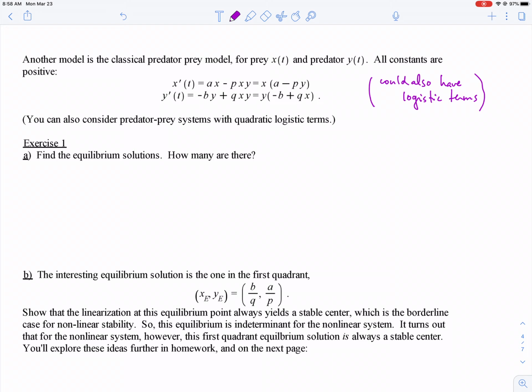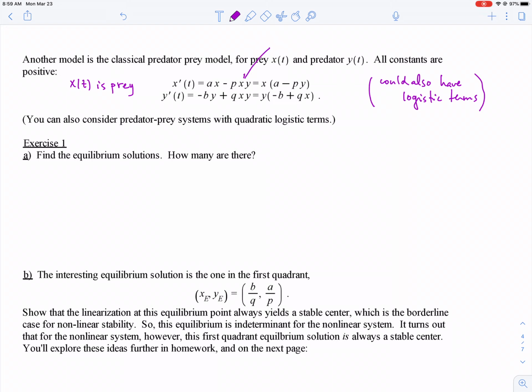All right, so let's figure out who is the predator and who is the prey. Well, prey would be happy if there was no predator. And so you can see that x of t must be the prey, because if there was no y of t, x of t would just grow at an exponential rate, or if we had a logistic term, according to a logistic rule.